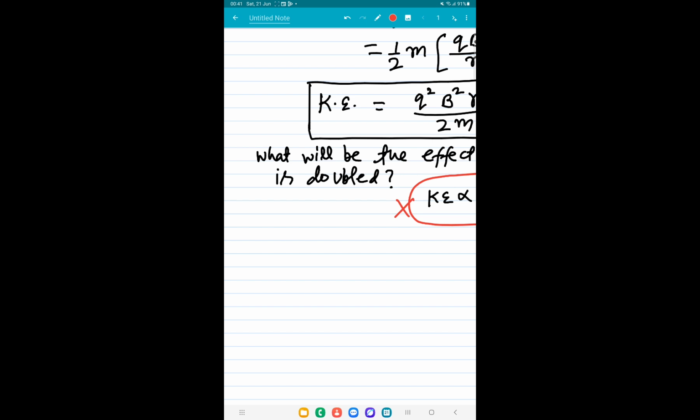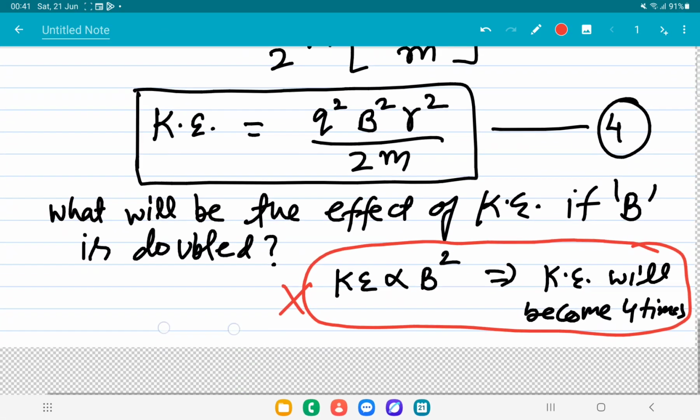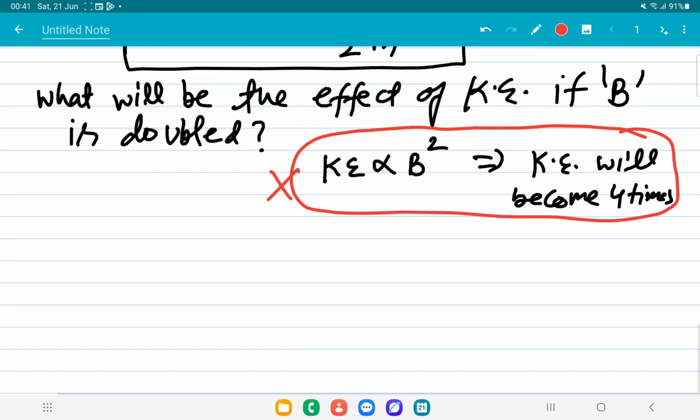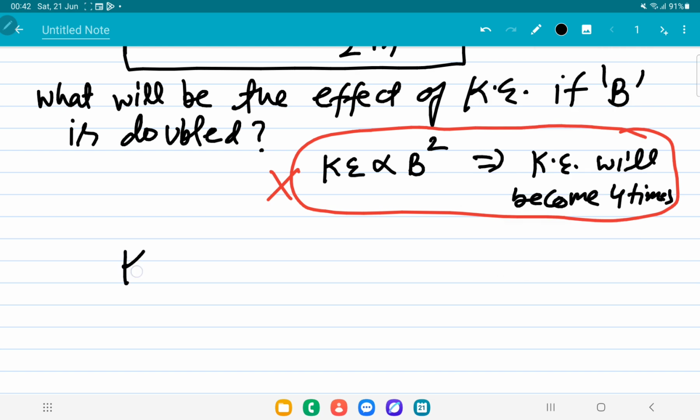Actually, we are not considering the terms properly. If you see it closely, the kinetic energy is q square B square r square upon 2m. Here the term of radius r is dependent on magnetic field.